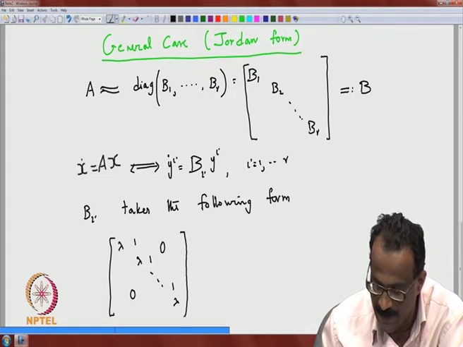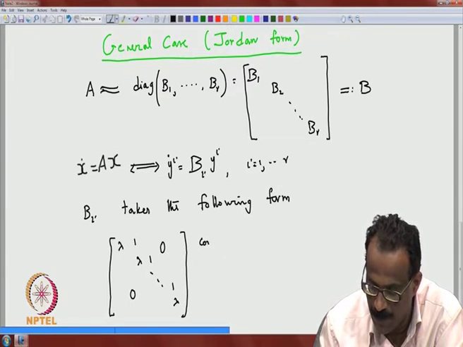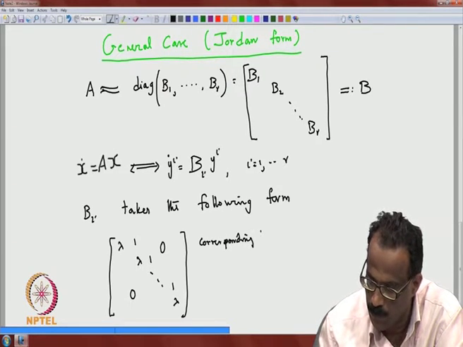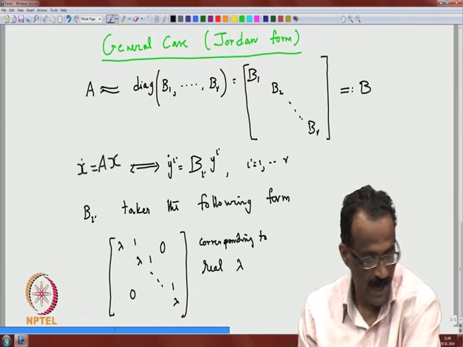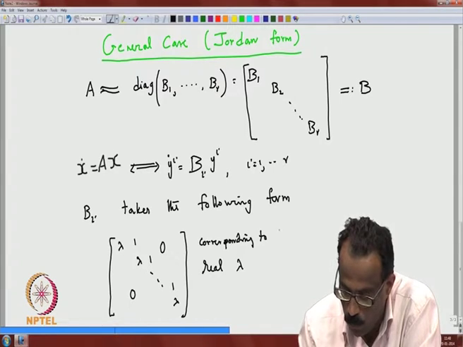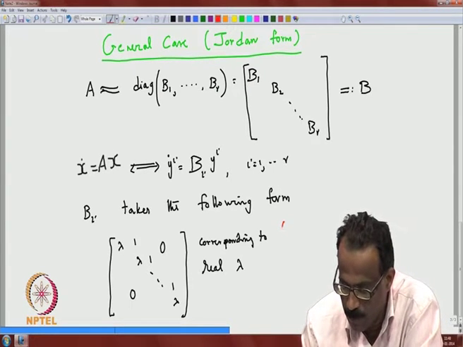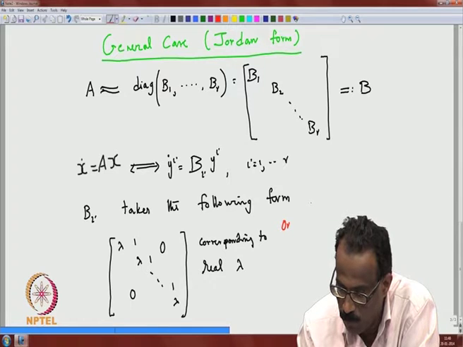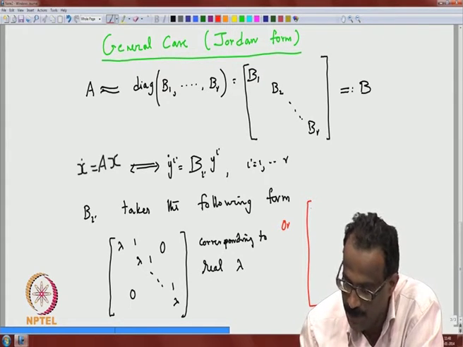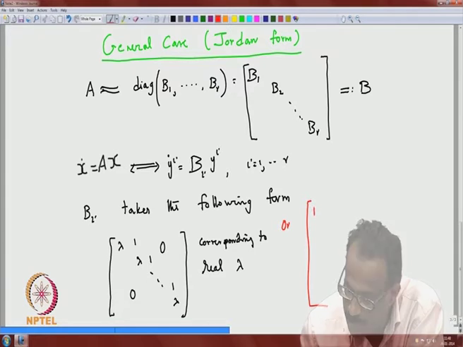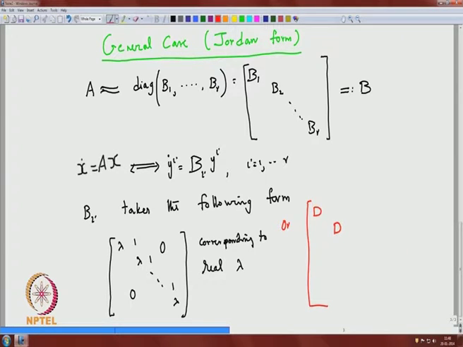This is the case corresponding to real eigenvalue lambda. Or it will take another form: D along the diagonal, with I2 above it, and everything else 0.